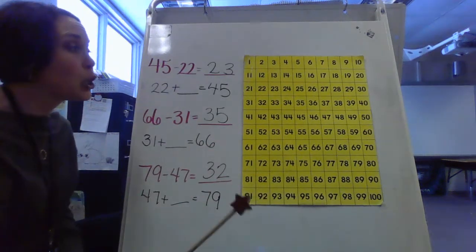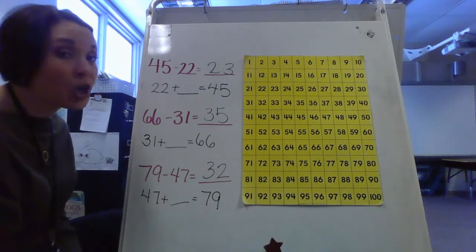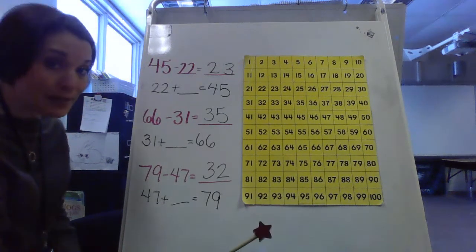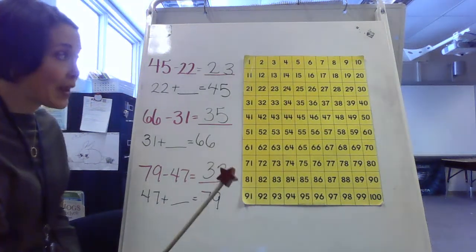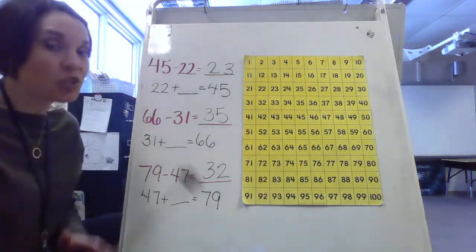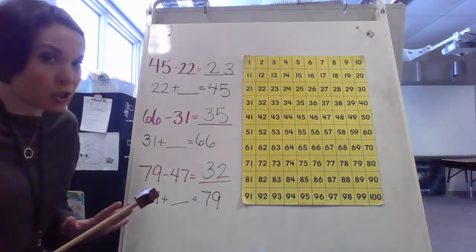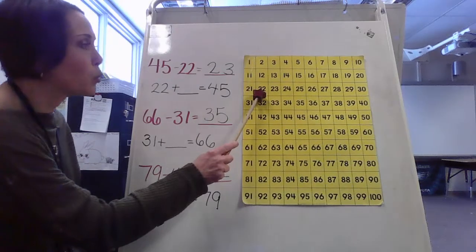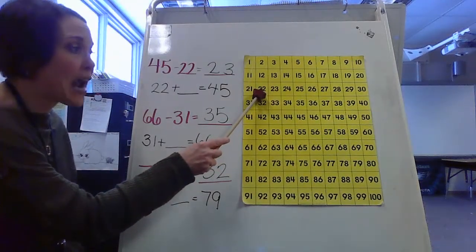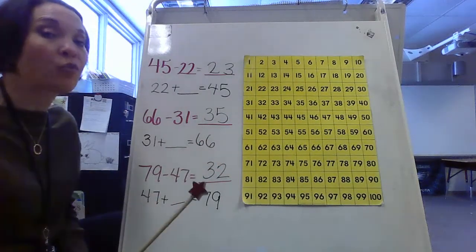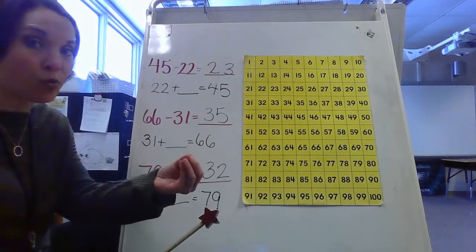Now, what I could do is start with my tens and then go to my ones. So I'm going to do that just to start. So I'm at 22, and how many hops down? I'm going to get as close to 45 without going over.